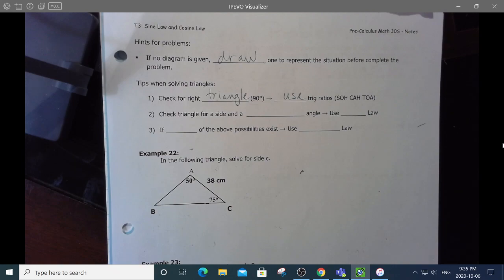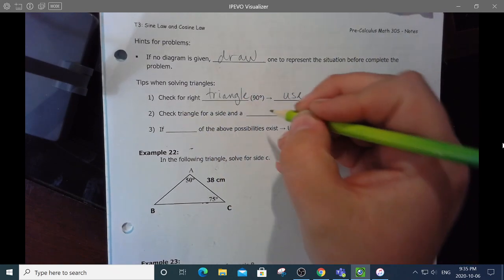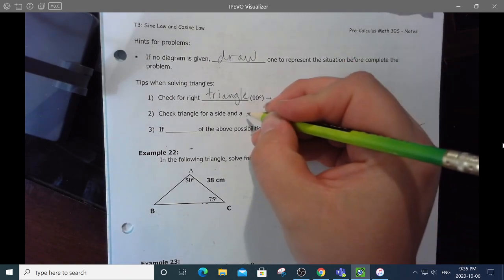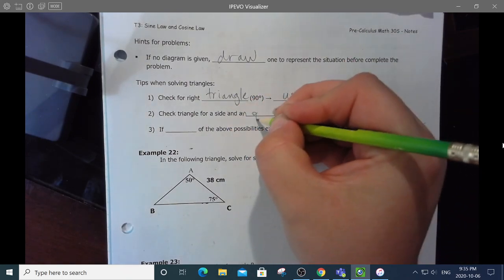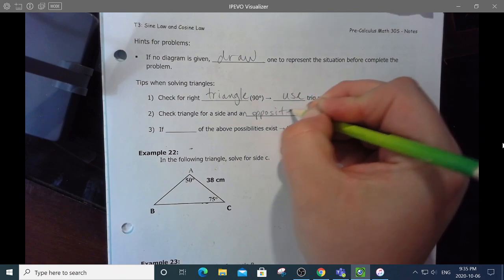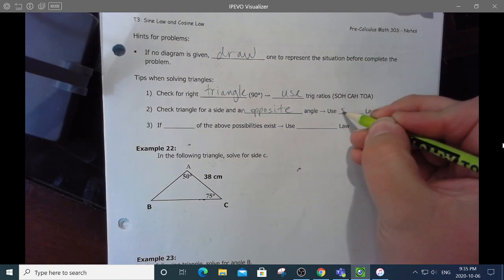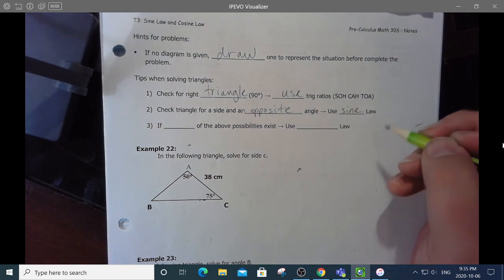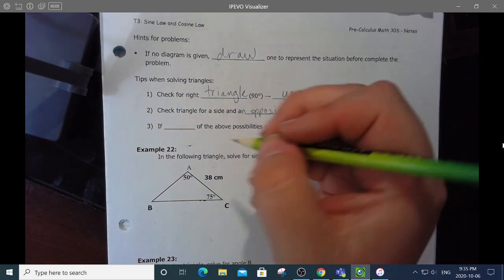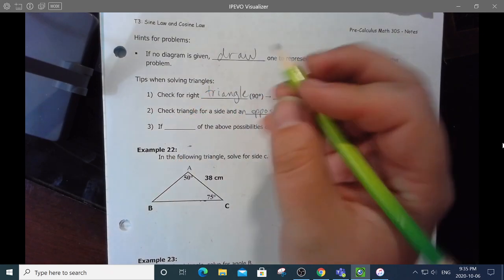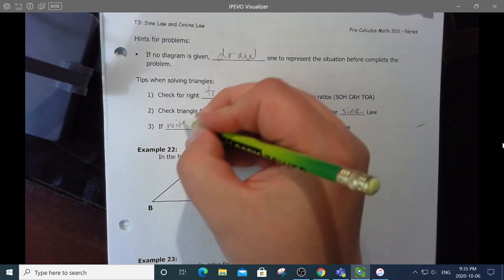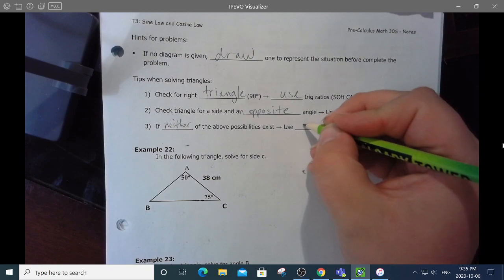But if it's not a right triangle, look for a side and an opposite angle. If you know a side and an opposite angle, you use sine law. If neither of those possibilities exists, use cosine law.